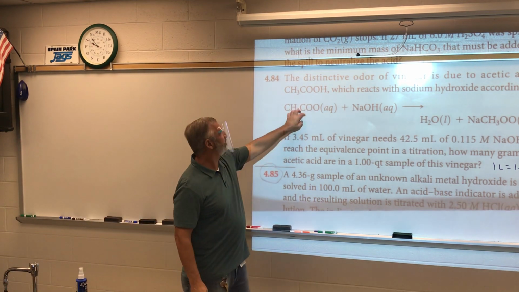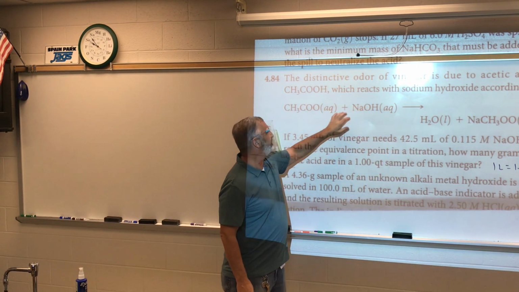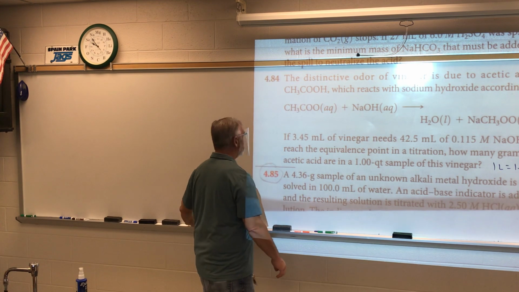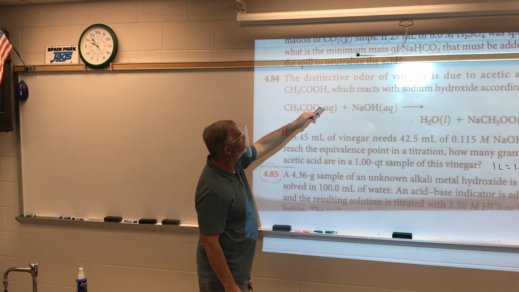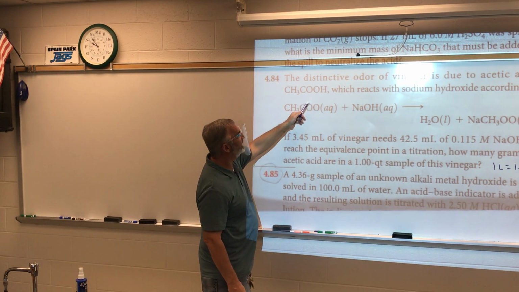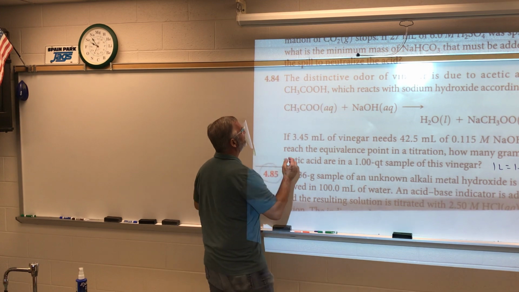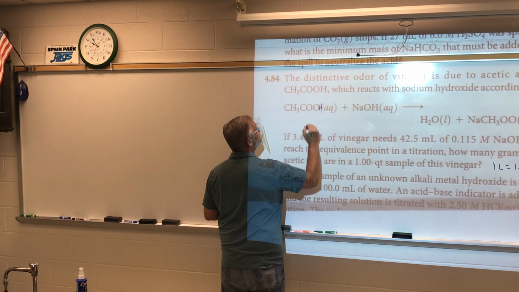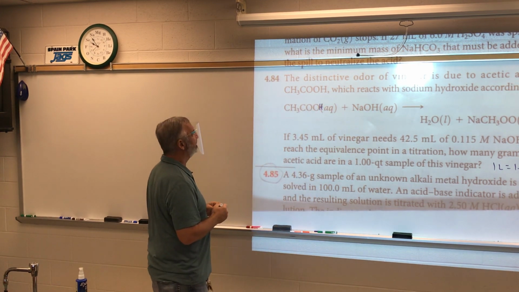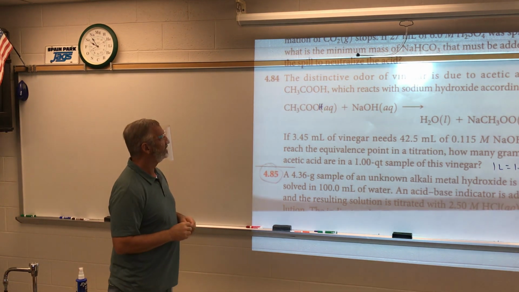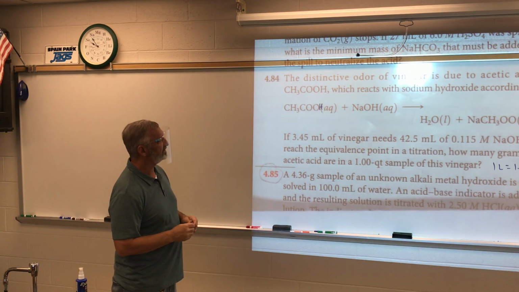What's the mole ratio between the acetate ion, which is your vinegar? The distinctive odor of vinegar is due to acetic acid, which reacts with sodium hydroxide according to the following. And there's really supposed to be an H there: CH3COOH plus NaOH.